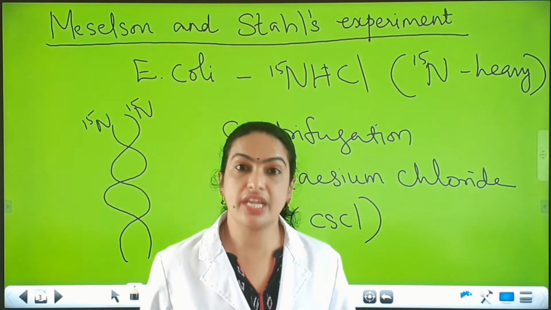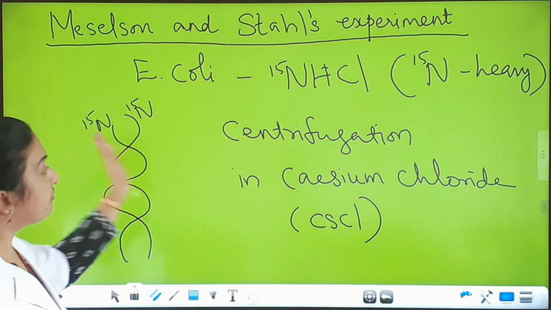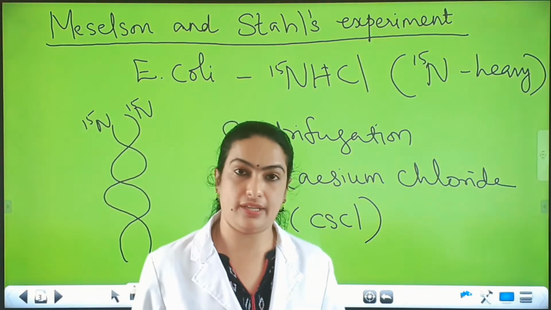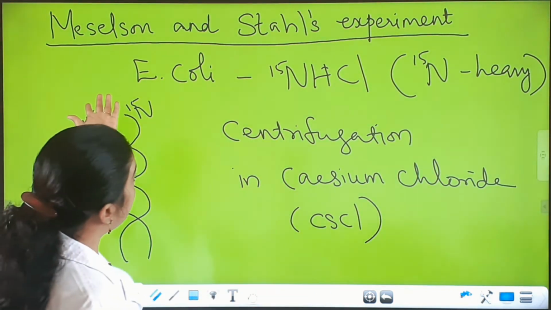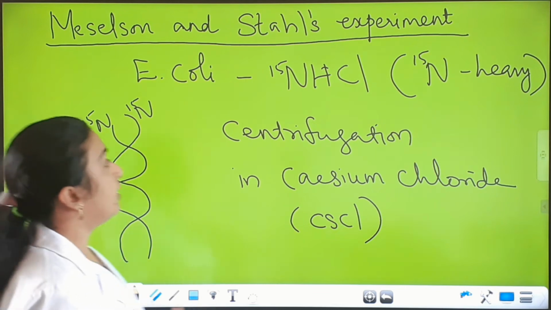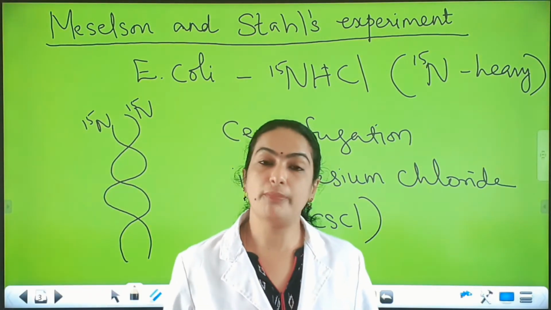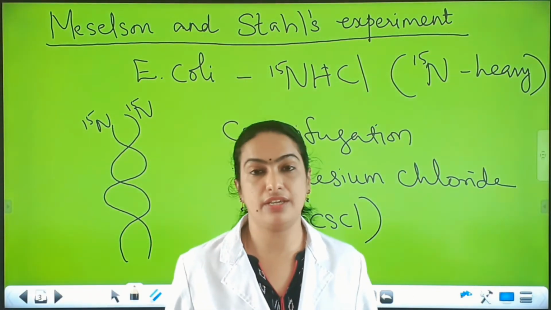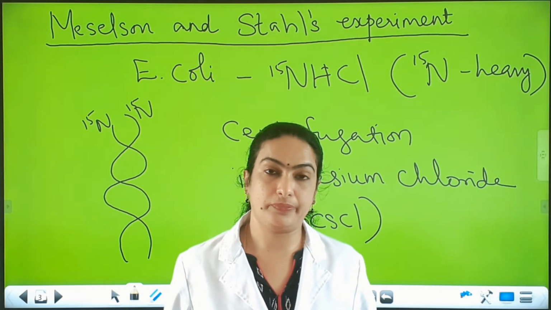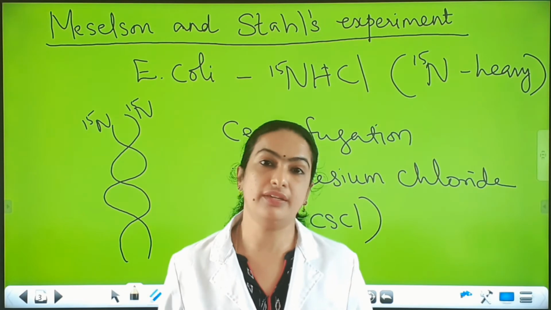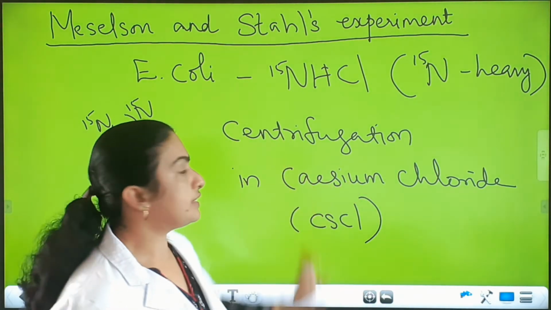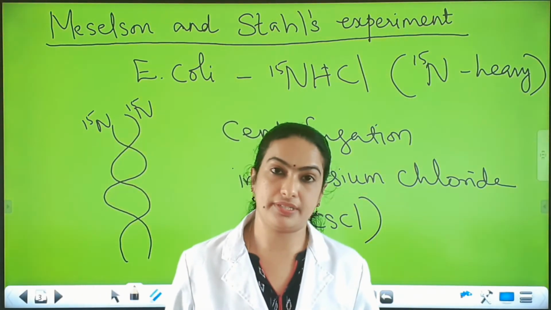To differentiate the heavy DNA from the normal DNA. After centrifugation, they got all the newly formed DNA with the heavy isotope of nitrogen. Is it clear? They collected all the heavy DNA by centrifugation in cesium chloride.